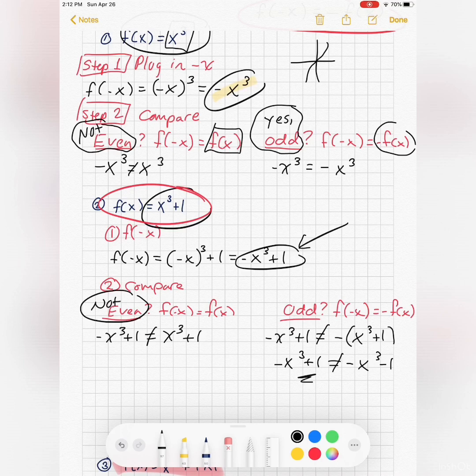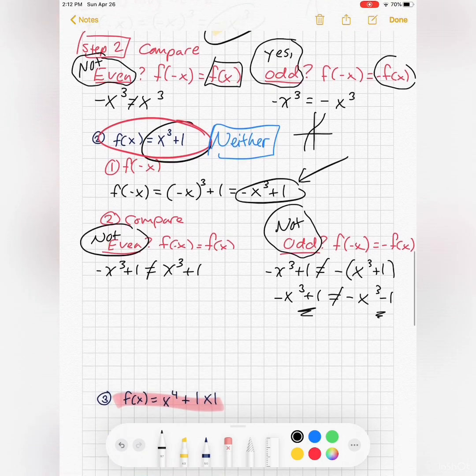Okay, because here I have a positive sign, here I have a negative sign. So it's actually not even or odd. So this function is actually neither. And the reason why is because that's a cubic function, but it's shifted up. So actually that affects the symmetry, so it's no longer symmetric because of that vertical shift.